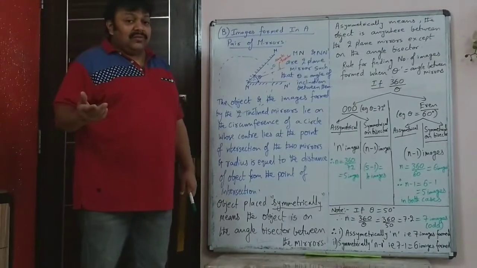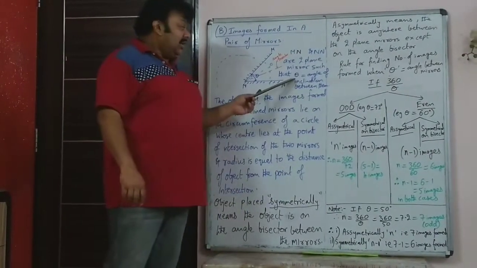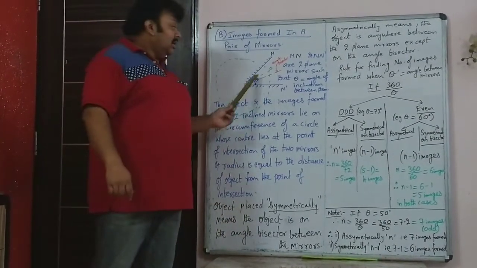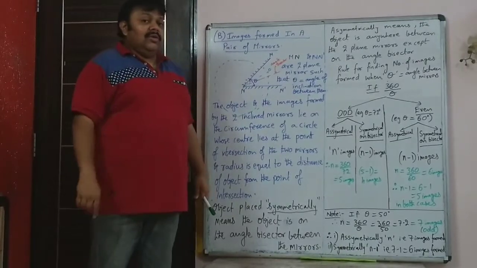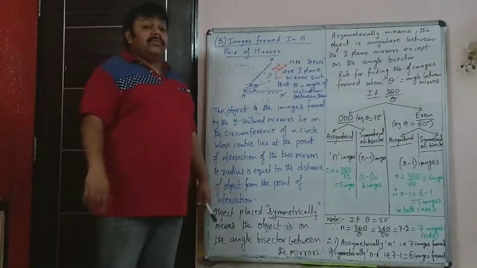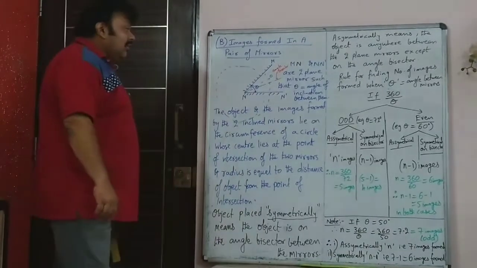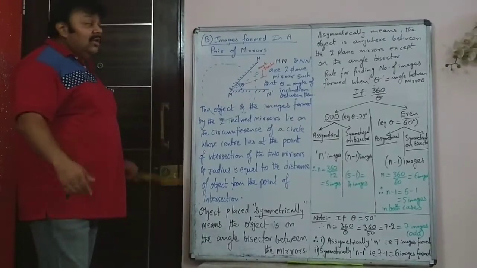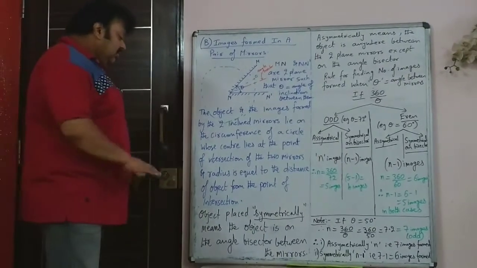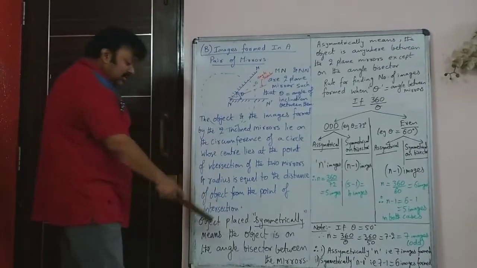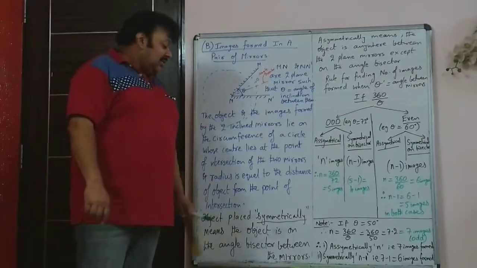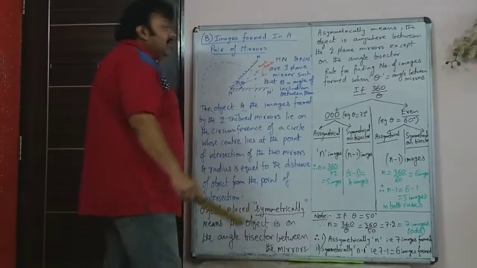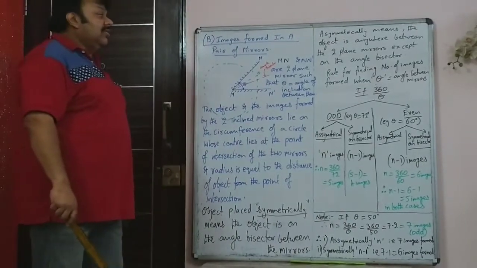The number of images formed depends first of all on theta, and secondly on whether the object is placed symmetrically, that means on the angle bisector of that angle theta, or asymmetrically. So here it's written: object placed symmetrically means that the object is on the angle bisector between the mirrors, and asymmetrically means that the object is anywhere between the plane mirrors except on the angle bisector.